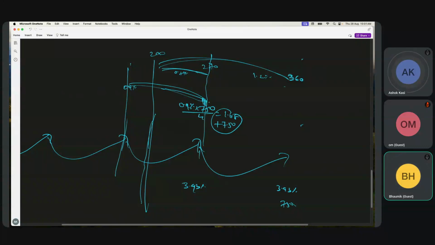This is the amount you are going to get on the 270th day. If this is what you are going to get, you have to bring all this to the 200th day. So you will discount it at 0.8 percentage, which is for 360 into 70 days, 200 to 270, 70 days. Just calculate.